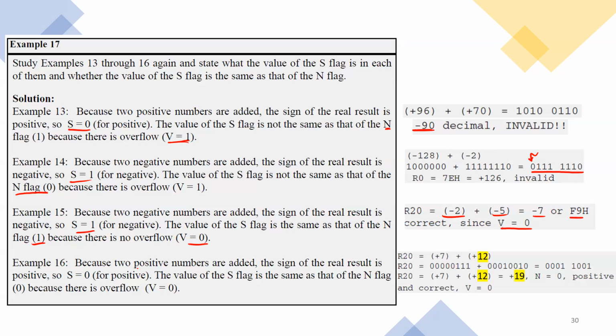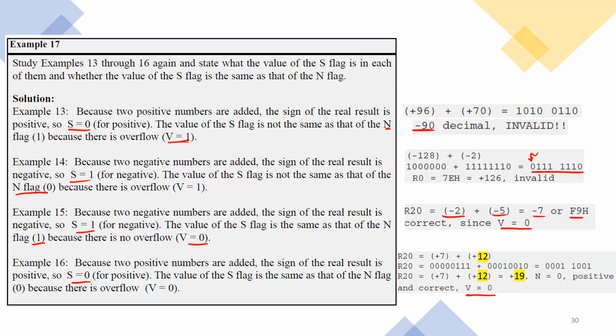In example 16, we had plus 7 plus 12. So the answer was plus 19. And the N flag was 0, which means the number was positive. And we had V equals 0. We don't have overflow. And the sign here is 0. S is 0.